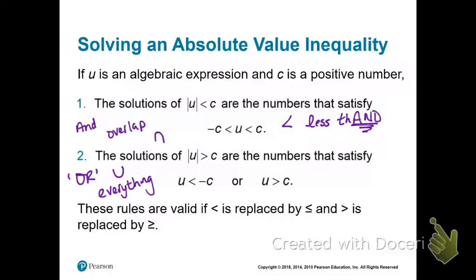The second one here, I wrote it wrong, sorry, is a greater than symbol, but I'm going to call it greater, okay, because it's an or statement. So it's less than or greater, and that helps me remember, is it an and statement or an or statement? And the rules are valid whether it's less than or equal to, greater than or equal to. It'll work the same.